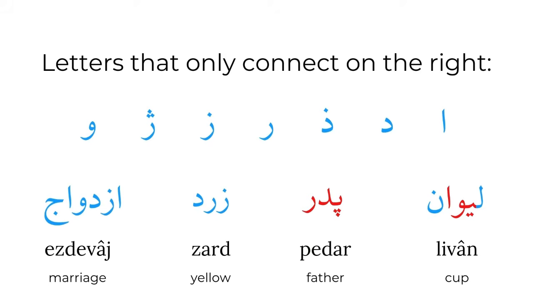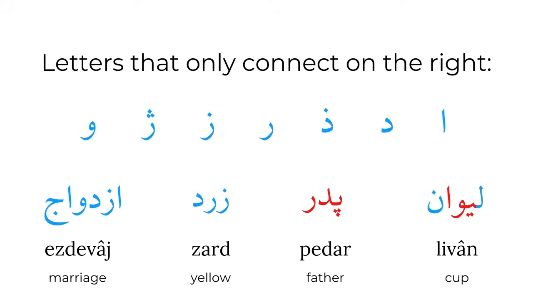And then most of our letters can connect on either the right side or the left side, but then we have these 7 letters that can only connect on their right side. So if you write a letter to the left of these, they're not going to be connected. Like we have our examples, livan, pedar, zard, ازدواج.